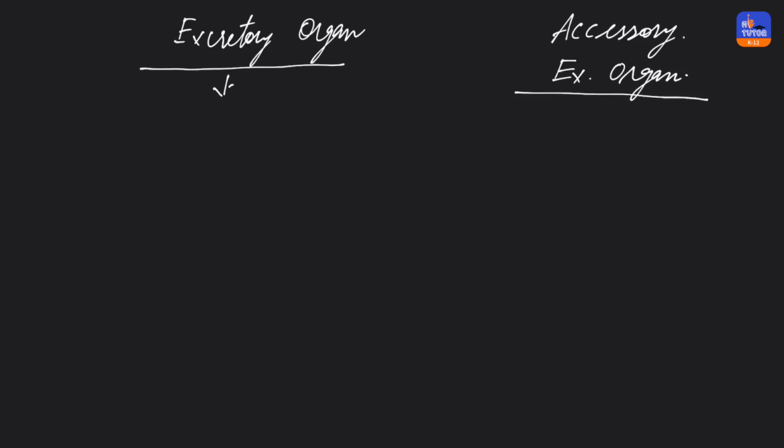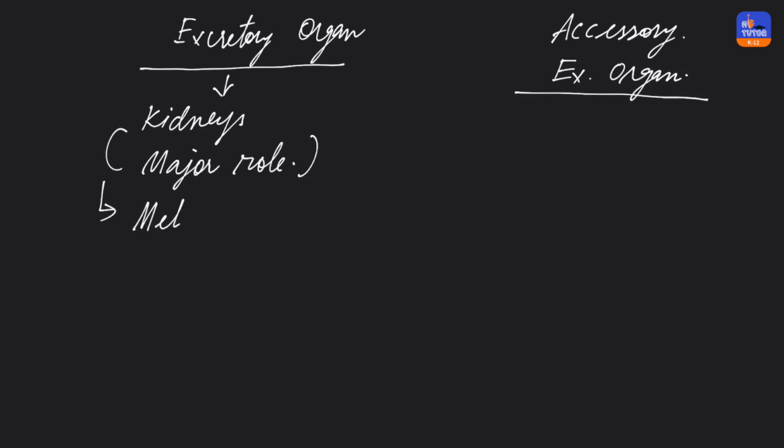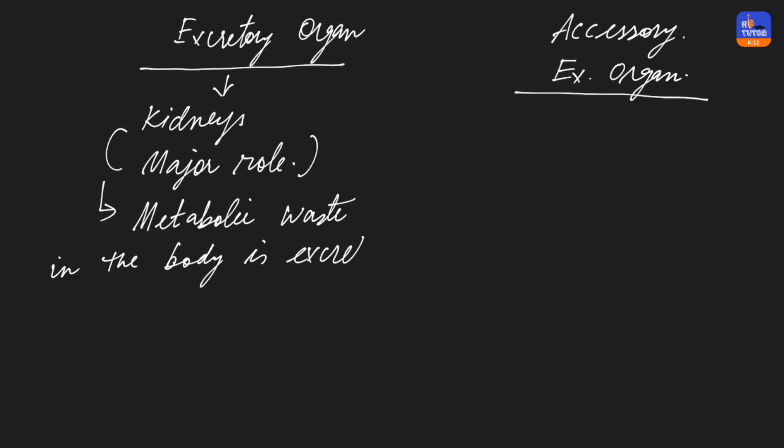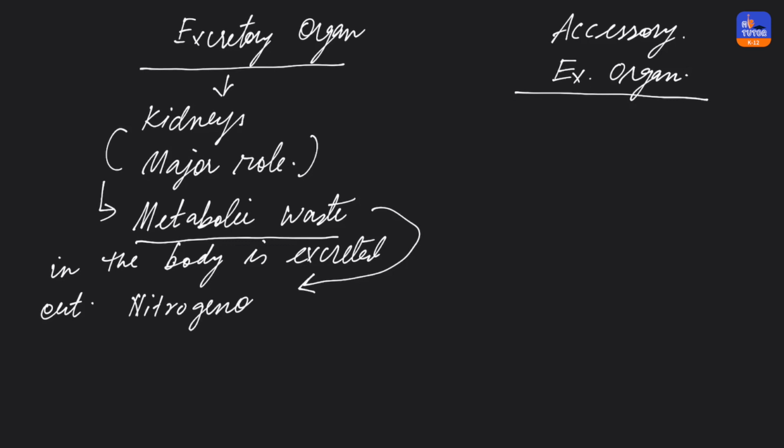So, dear students, the kidneys perform the major role. What is the major role? The metabolic waste in the body is excreted out. Metabolic waste can also be called nitrogenous waste.